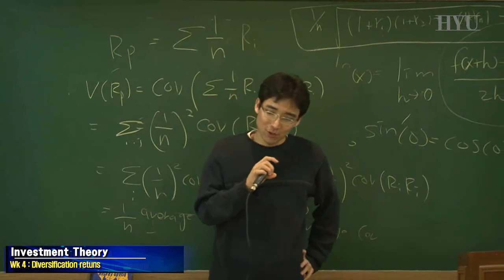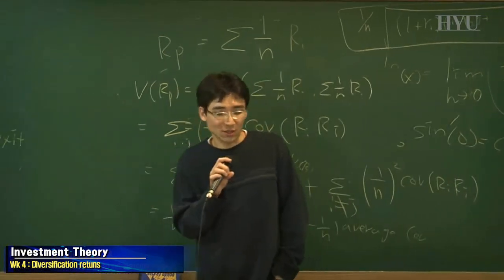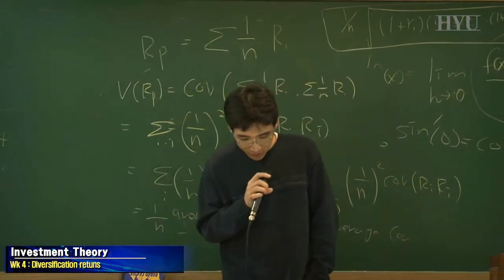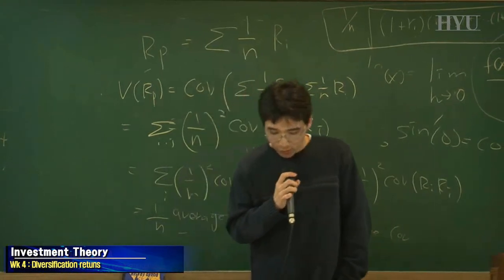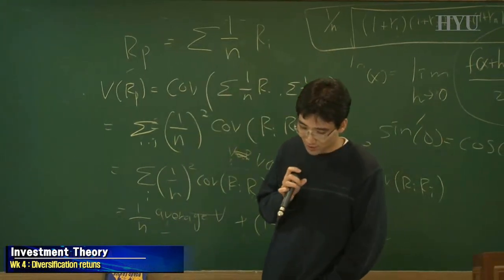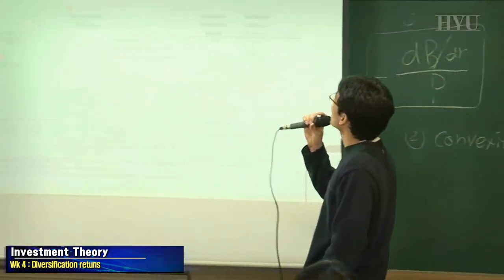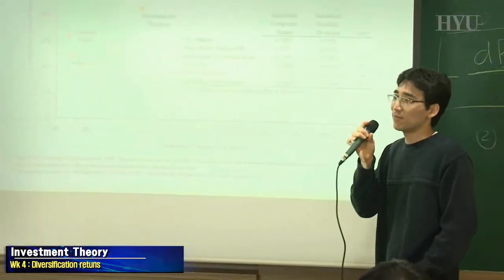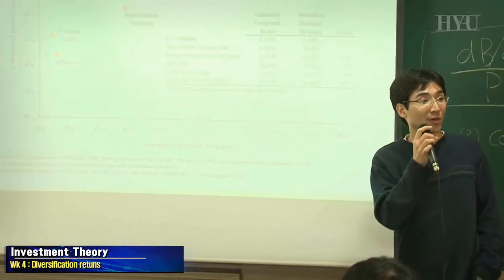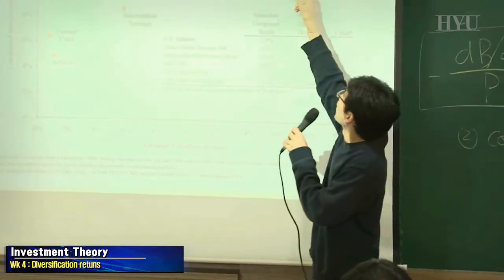The GSCI Commodities Index has a return of about 12.24% and variance 18.23%. So to compare commodities and S&P 500, they are similar, right? They are close to each other.